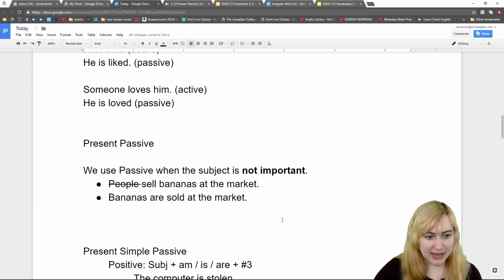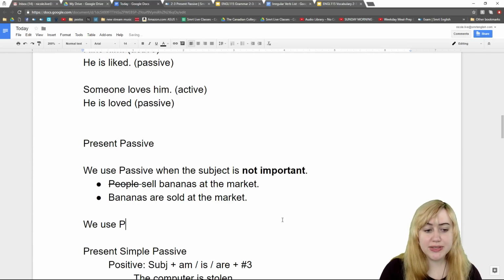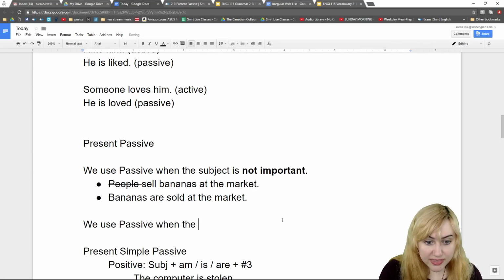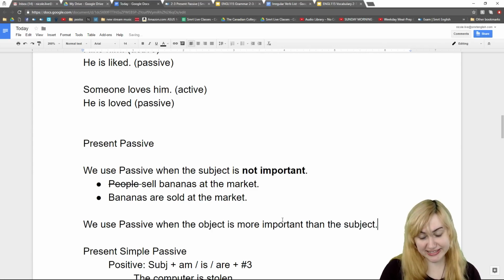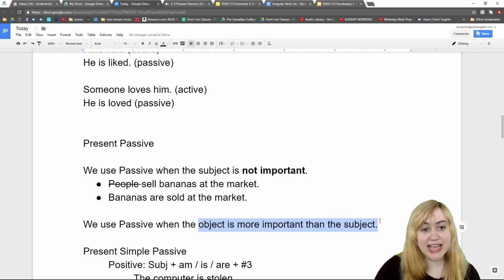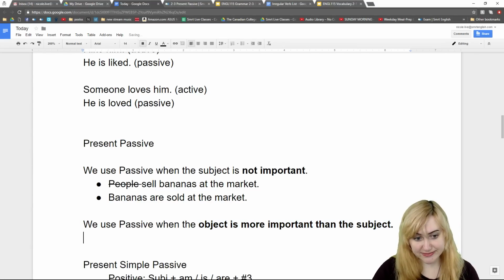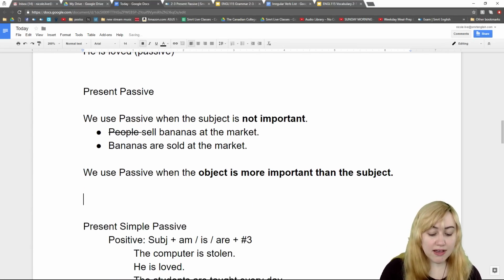Another way you can think about passive, and this will get to our question about by. We also use passive when the object is more important than the subject. I'll give you what I hope is an easy example.